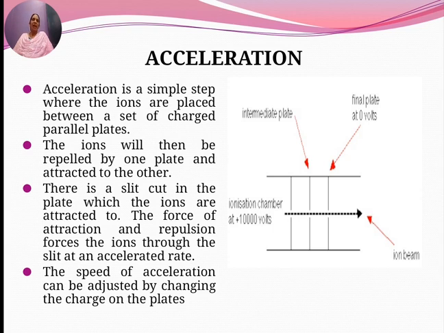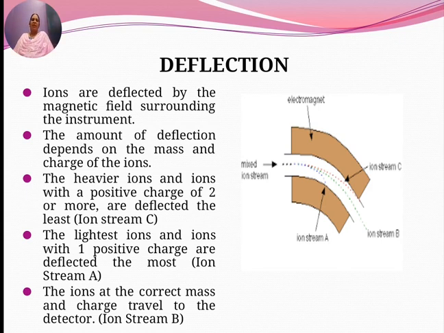So this is the acceleration part of the mass spectrometer. After the ion beam is accelerated by maintaining high potential between parallel plates, the ion beam is moving very fast.